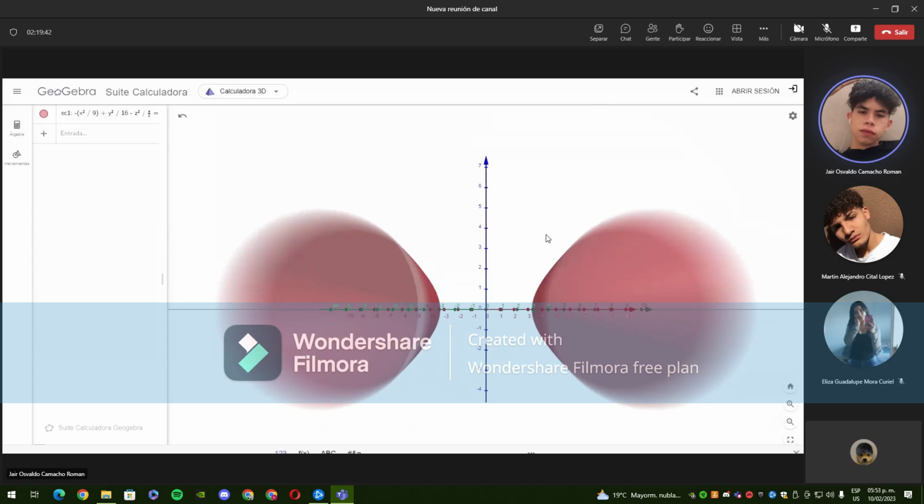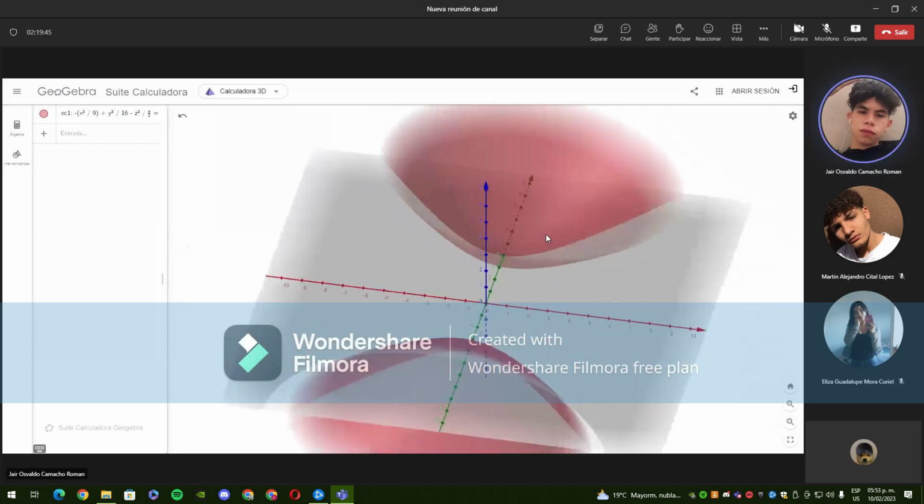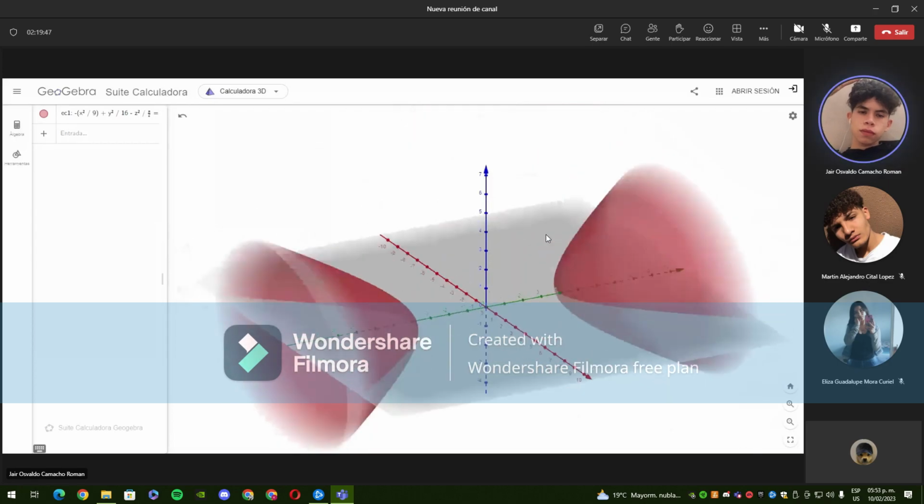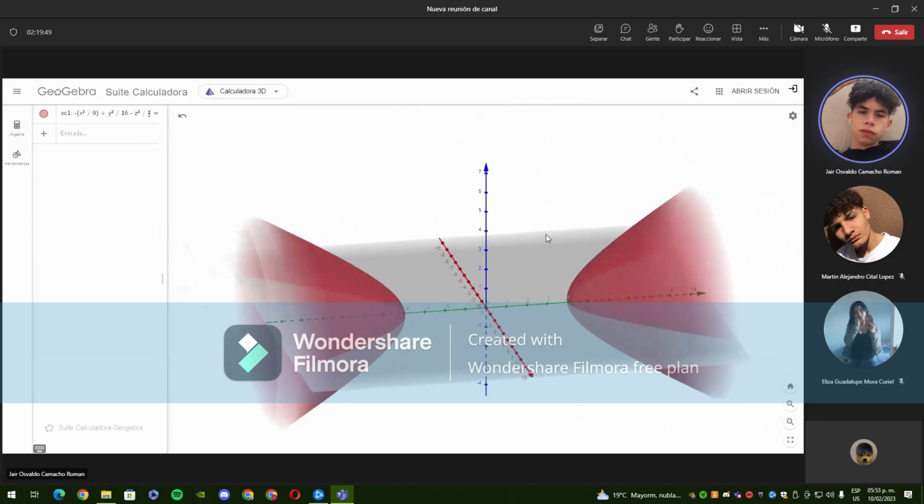So we have our hyperboloid. We have less 4 used here and plus 4 in the axis y. The axes z and x are 0, so we have no intersection with those axes because it is in the center.